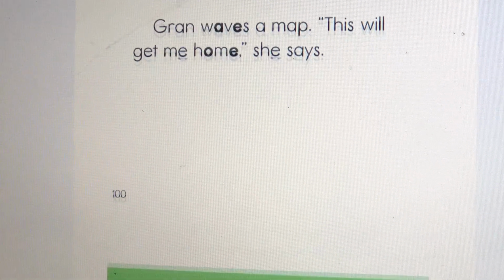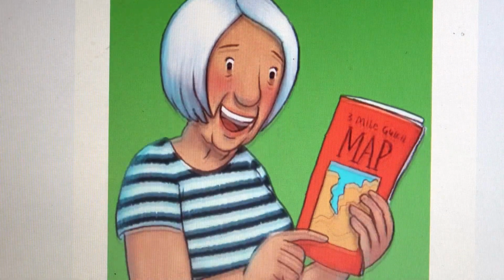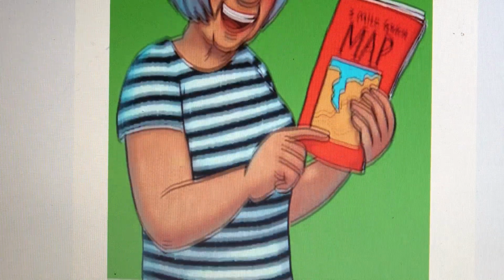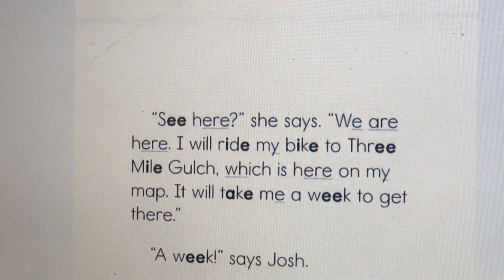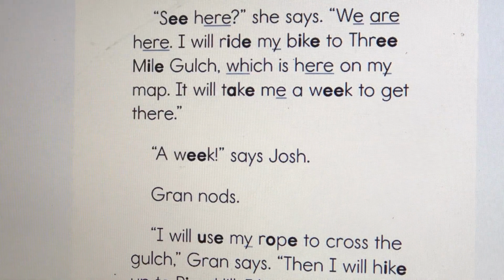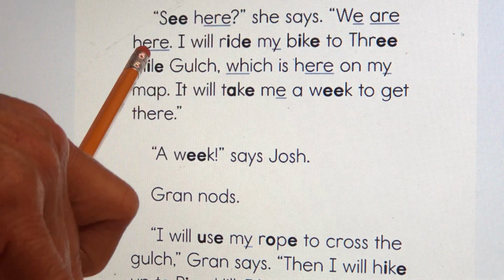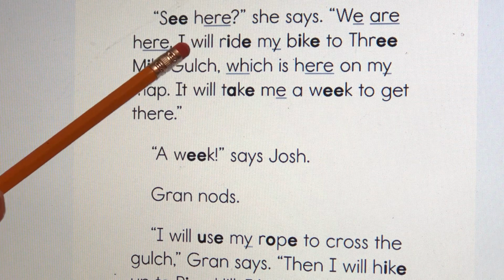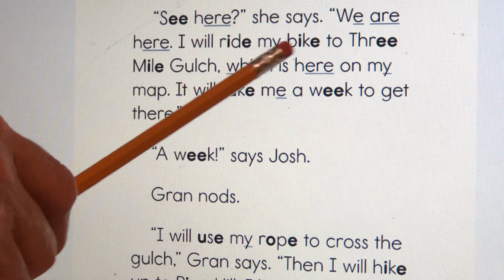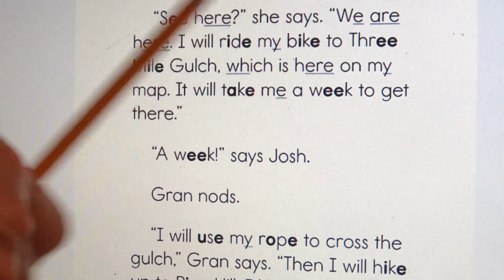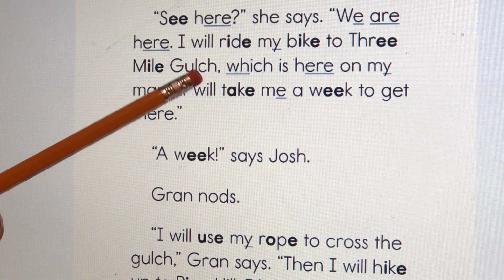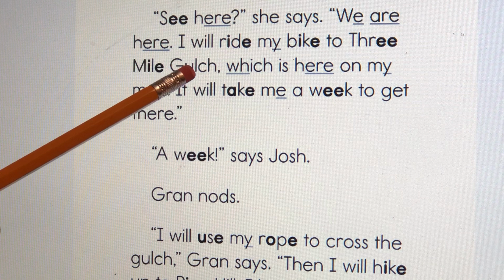Can we hear those answers to those questions? And here is Gran, and she's holding the map. See here, she says, we are here. So she points to where they are on the map. And she says, I will ride my bike to 3 Mile Gulch. So since 3 Mile Gulch is all capital letters, it's the name of a place.